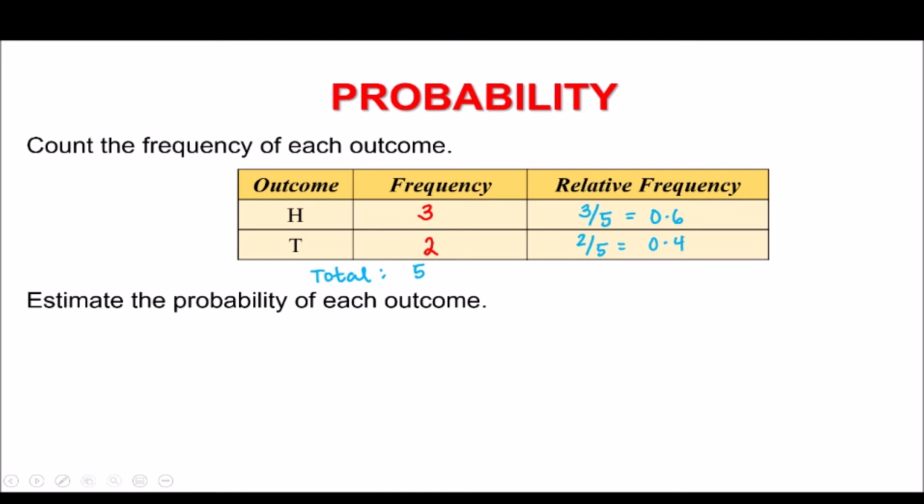Since the relative frequency of an outcome is equal to the experimental probability of an event, then we can say that the estimated probability that the coin will land on head is 0.6, or 60%.